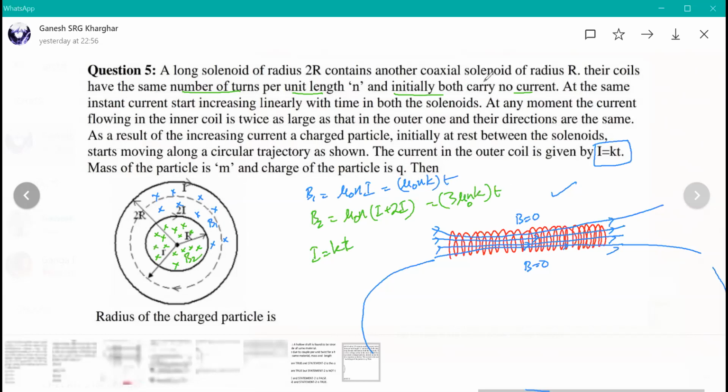So now to understand the electric field in this region, which is of a radius, small r or something.